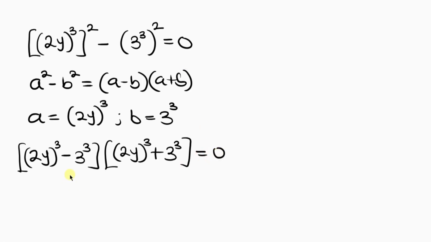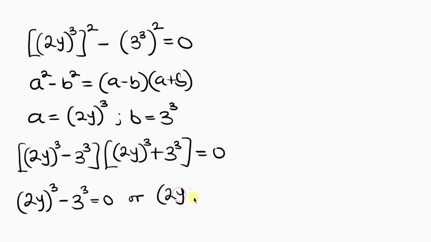So we have two cases here that we're going to be solving one after the other. So the first case is 2y all raised to the 3 minus 3 to the 3 is equal to 0. Or the second case is 2y all raised to the 3 plus 3 to the 3 is equal to 0.